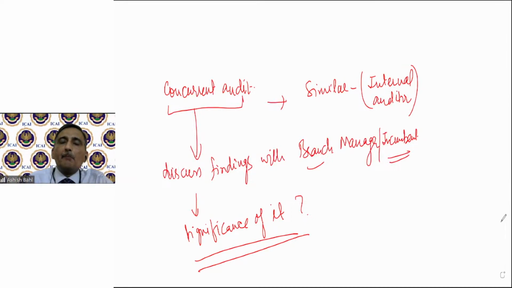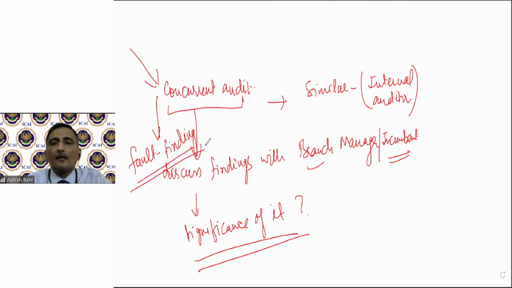Another important thing, guys, which would help you in answering your questions relating to this topic, is that the function of the concurrent auditor is not restricted to fault finding alone. He has also to get the things corrected, like in case of internal auditor.